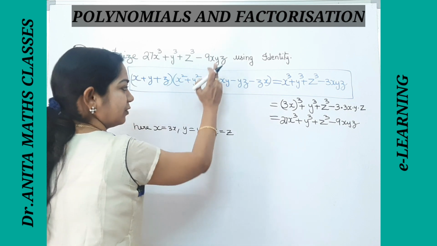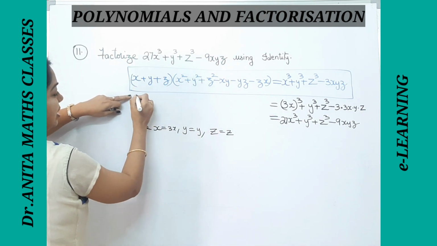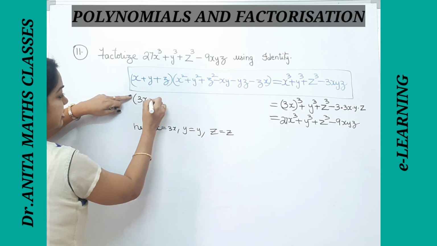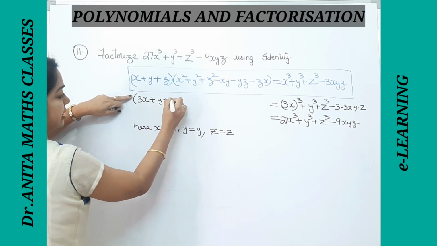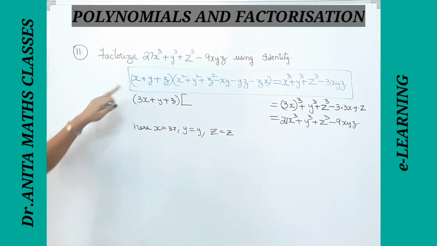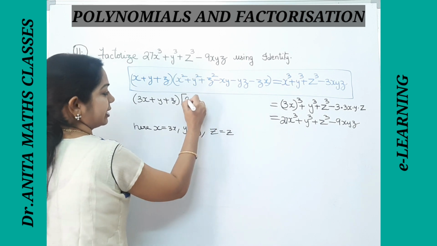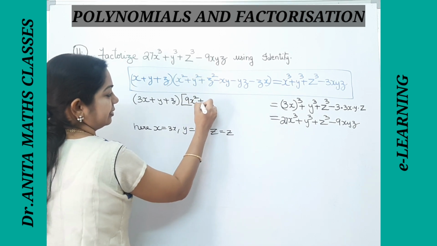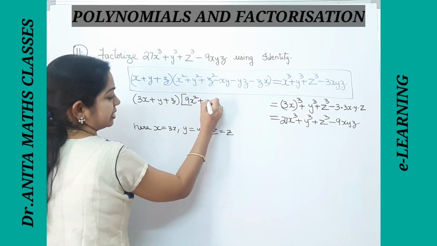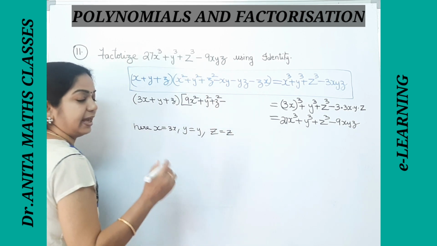The LHS part of the equation let us do. Now what I've supposed x, y and z, so our x value is 3x, y value is y only and z is z. Now here, if you see, x square is 3x whole square, so that comes to 9x square. Okay, directly we are writing. y square is y square, z square is z square as it is, minus x into y.